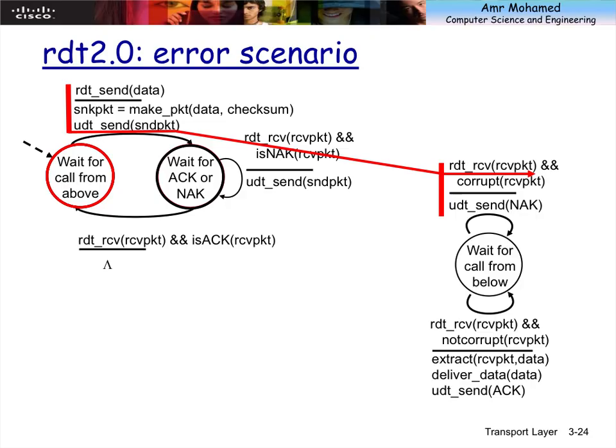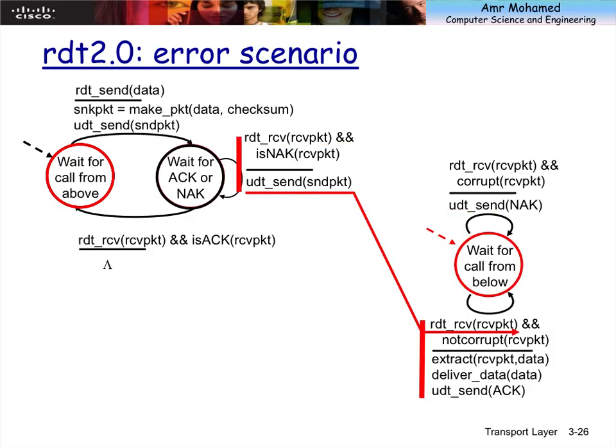Or the other path: if it triggers here, receiving a corrupted segment, in that case, I will send negative acknowledgement. But in all cases, I will loop through the same state. And this will arrive here, will trigger this event, which will send the packet again and loop for the same state. So that's the sequence.